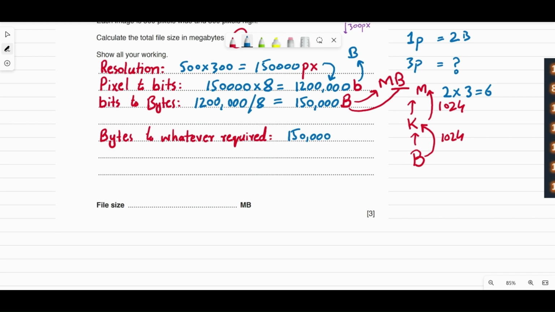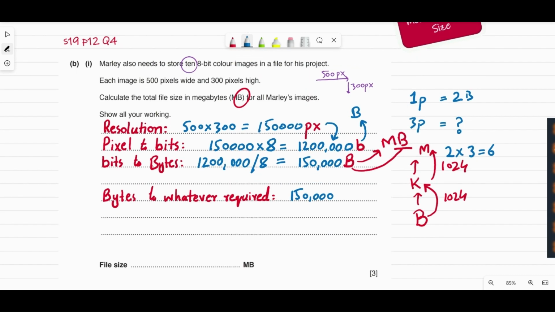Okay, we forgot one more thing. I remember it now. This size in bytes was for one image, because we only did 500 into 300, then into 8 bits, then divided by 8 to get bytes. So what we did was actually for one image only.